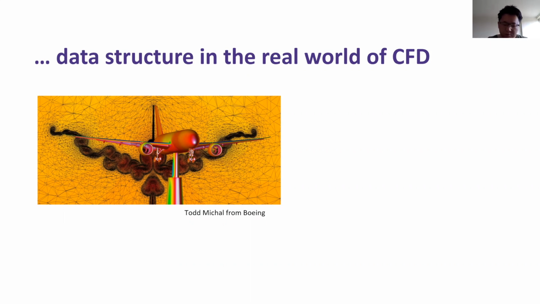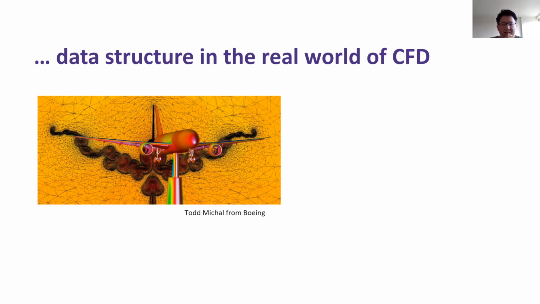So in the real world of CFD, adaptive mesh refinement would be a really smart strategy to accurately solve the flow field, refining the mesh where it is needed.